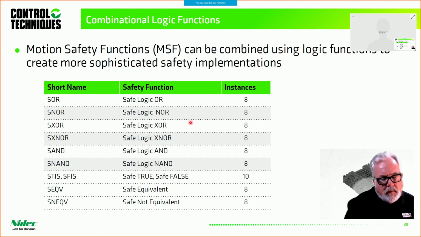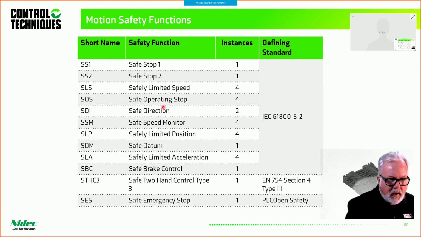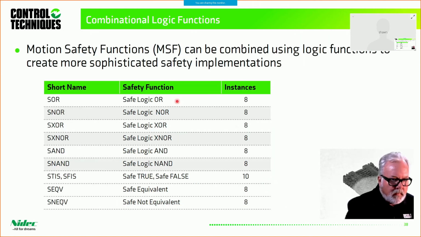When you get into a more complex safety setup, you're going to find yourself utilizing these logic functions to produce the results that you expect. That's why you can have many more instances of these as part of your setup as required. So we're going to build a safety setup using a combination of these safety functions and these logic functions.